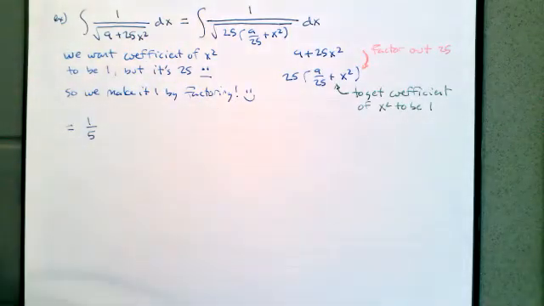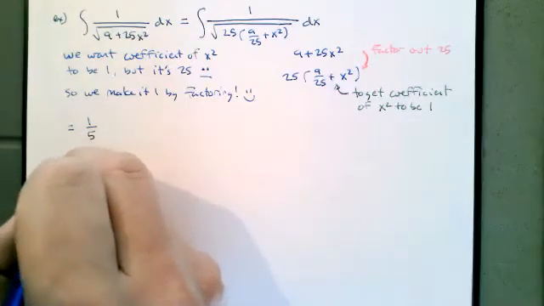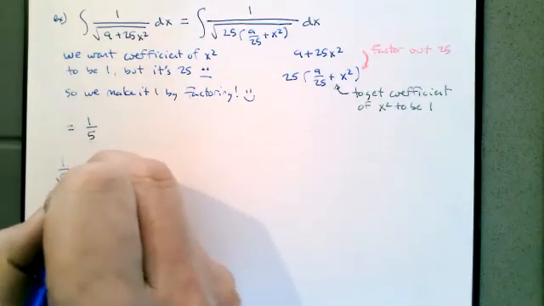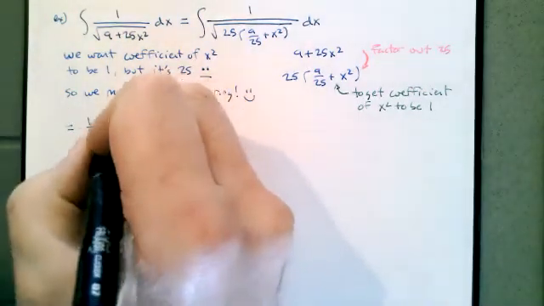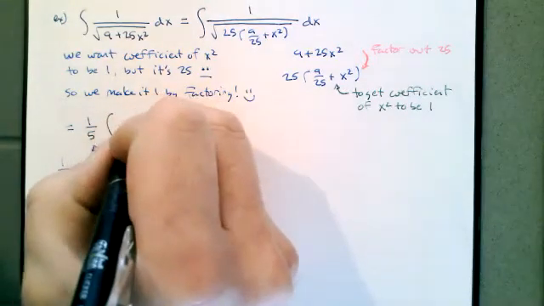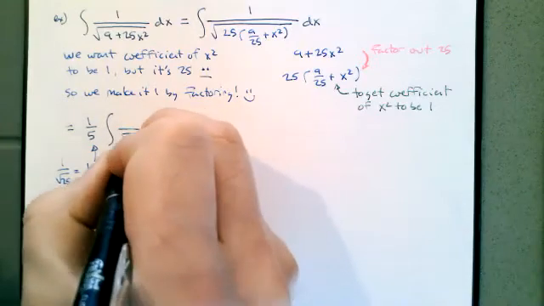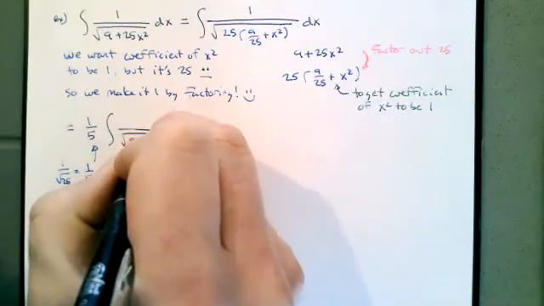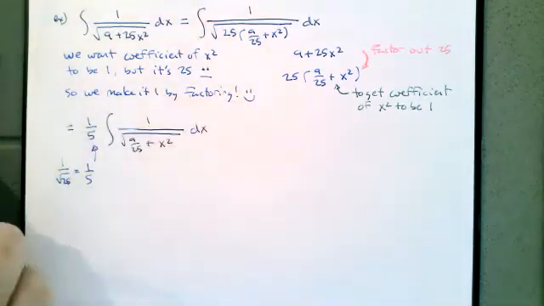We're going to factor out the 1/5 because 1 over the square root of 25 is 1/5. So that's where that came from. And I'm going to pull it completely out of the integral as I normally do. In the denominator, I have the square root of 9/25 plus x squared dx.